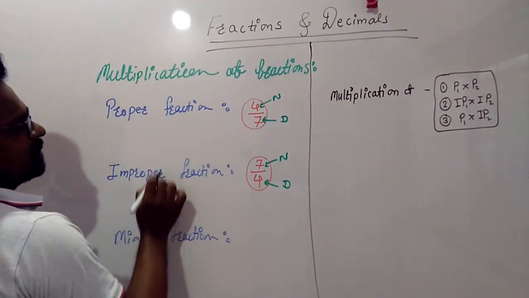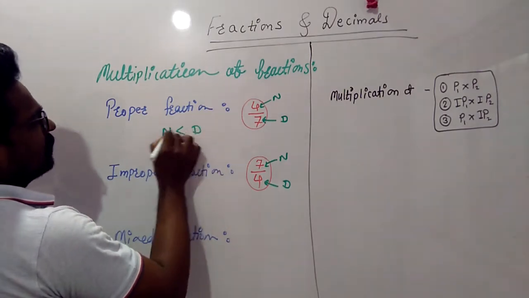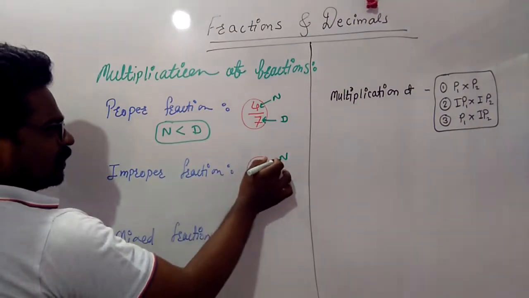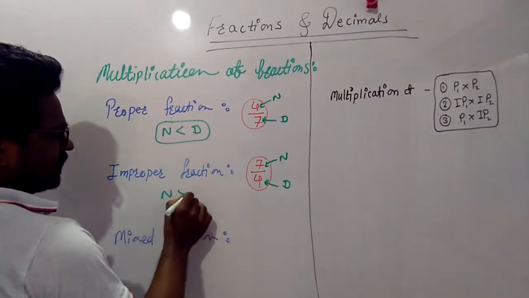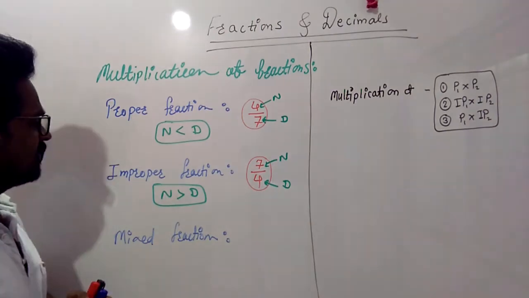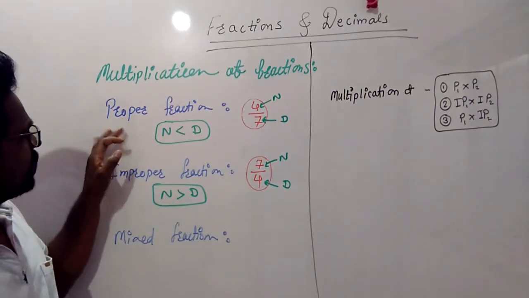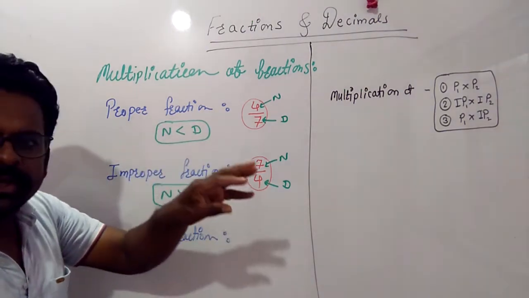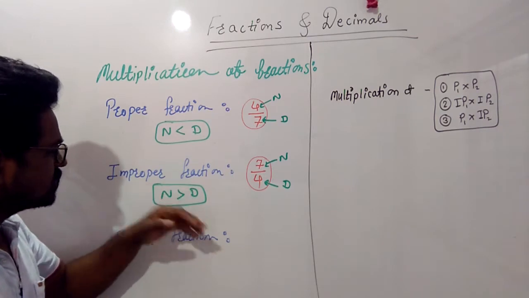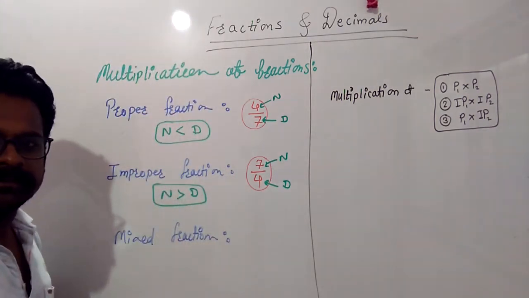In proper fractions, the numerator is always less than the denominator. And in improper fractions, the numerator is always greater than the denominator. So a proper fraction is that fraction in which the numerator is less than the denominator. An improper fraction is that fraction in which the numerator is greater than the denominator.